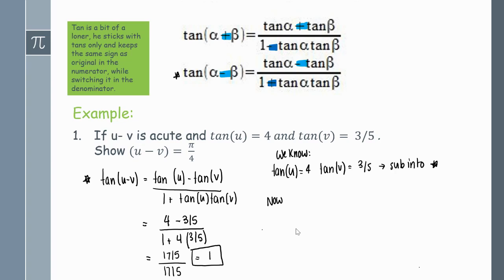I've got to find u minus v. So notice here that u minus v is an acute angle, okay? So tan u is positive, tan v is positive, and if u minus v is acute, that means u minus v must be in my first quadrant of my unit circle.